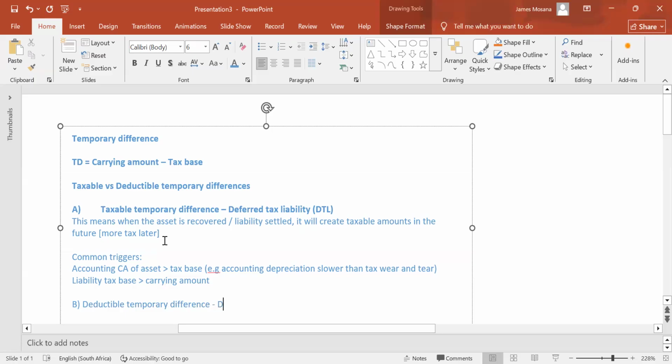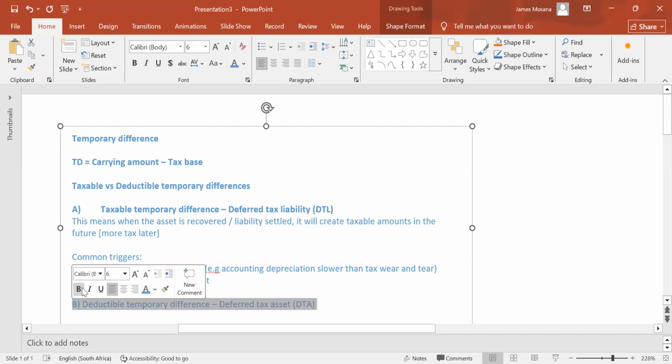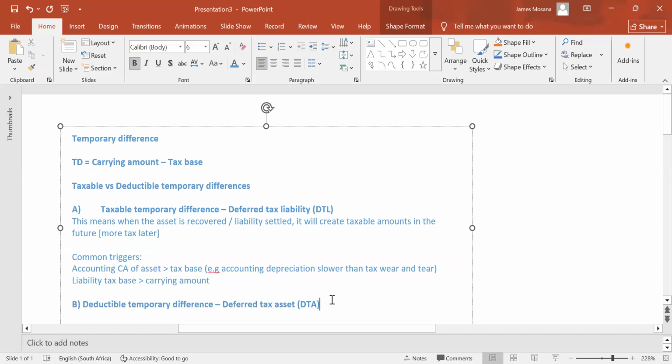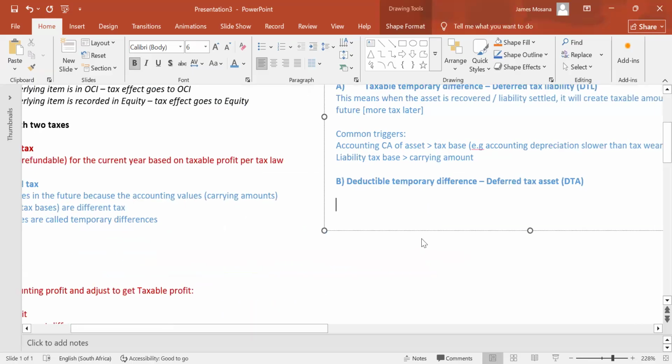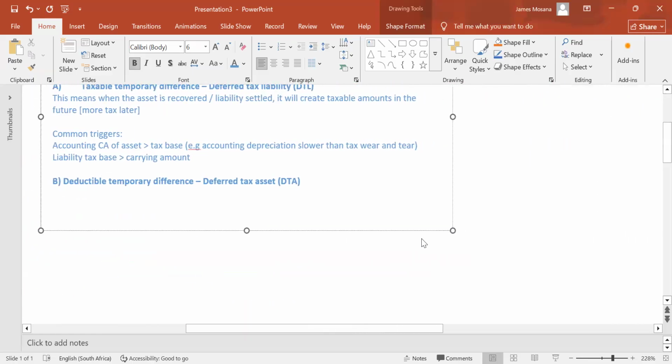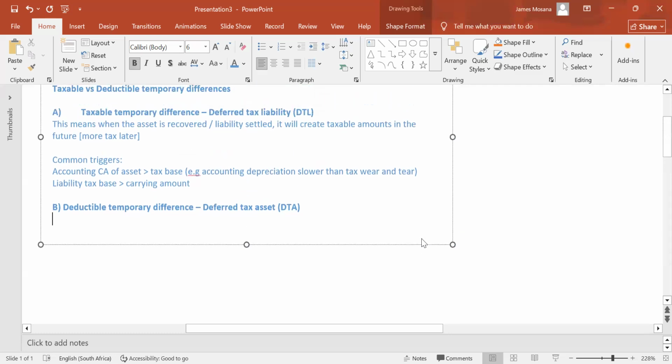These ones are going to create a deferred tax asset. Now, what does this mean in essence?